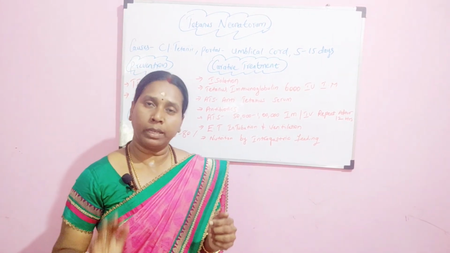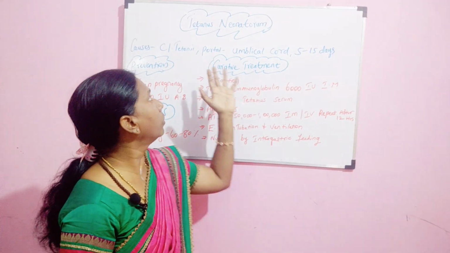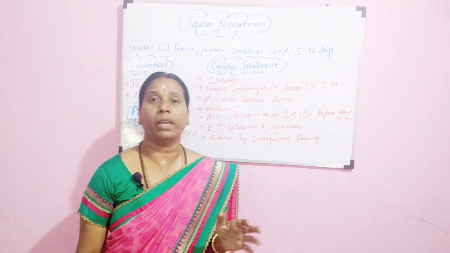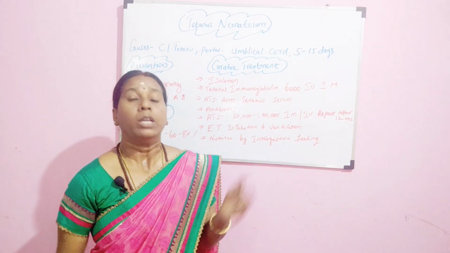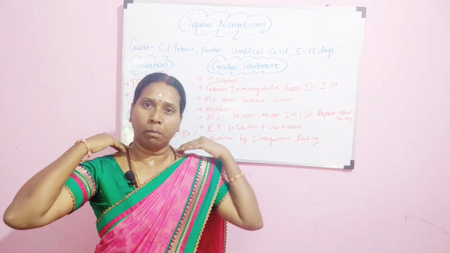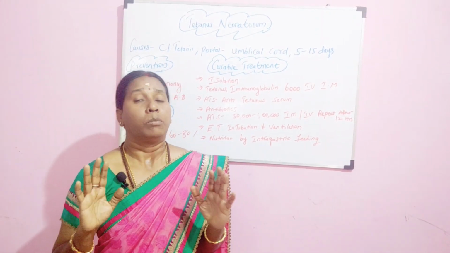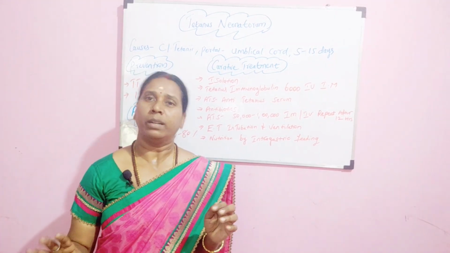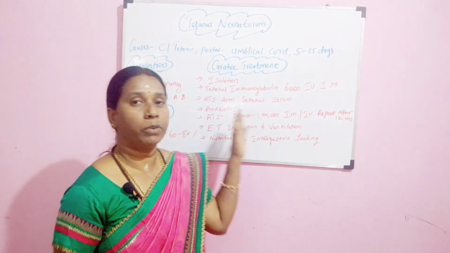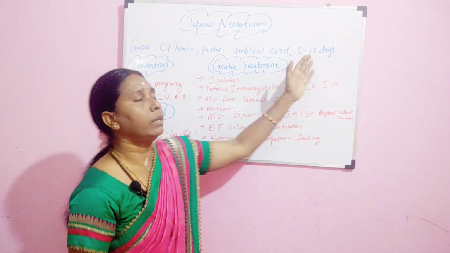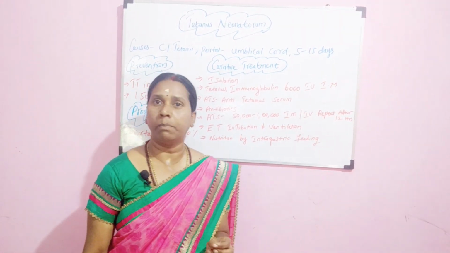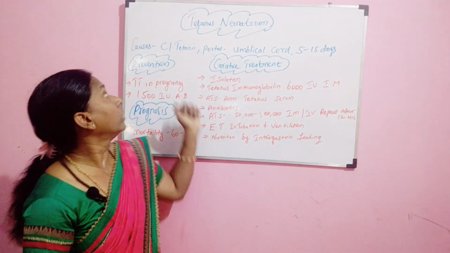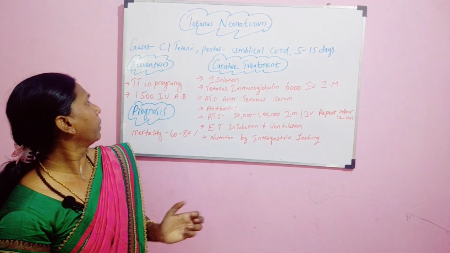Another complication is tetanus neonatorum, where the infection will cause tetany in the child, causing stiffening of the muscles, and most probably the baby will die. In this severe infection, the incubation period is usually 5 to 15 days after the birth of the baby. So this is the intro and the prevention aspect.